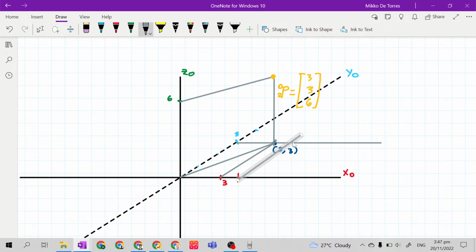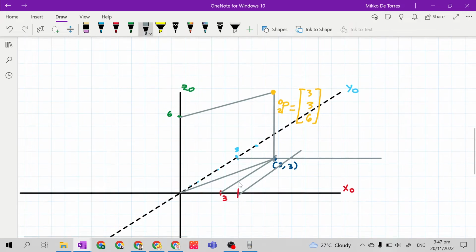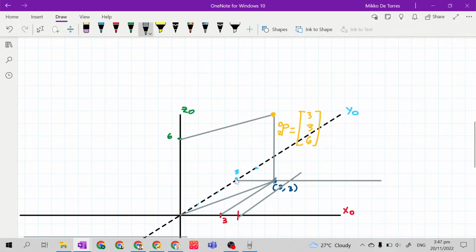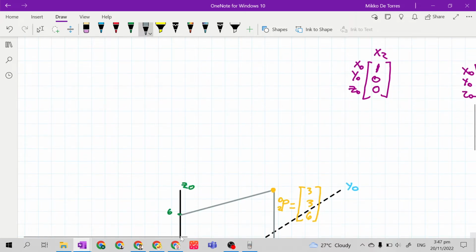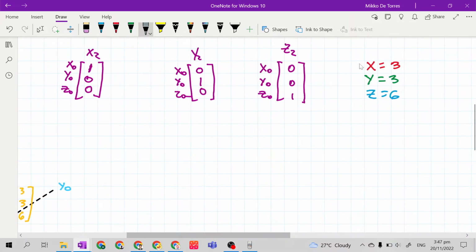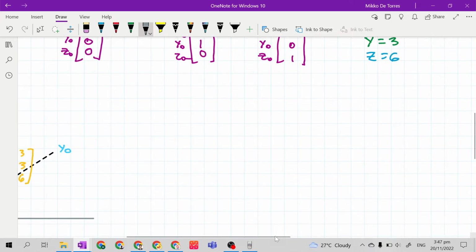Then from there, this is the intersection from the added 1 unit and the 3 units, because of the value of y at the position vector.